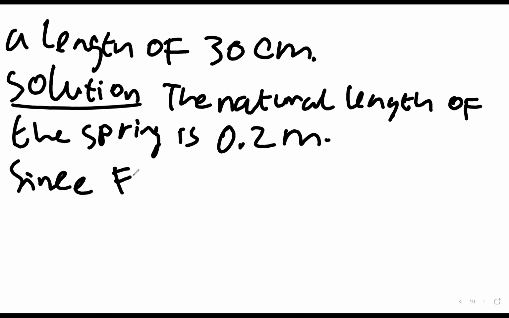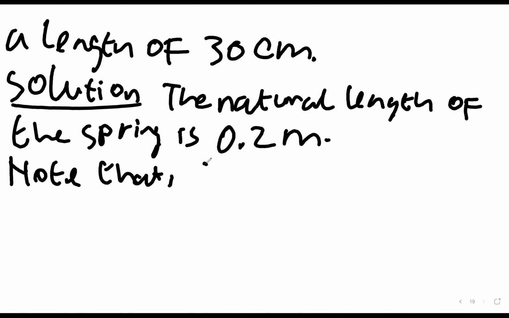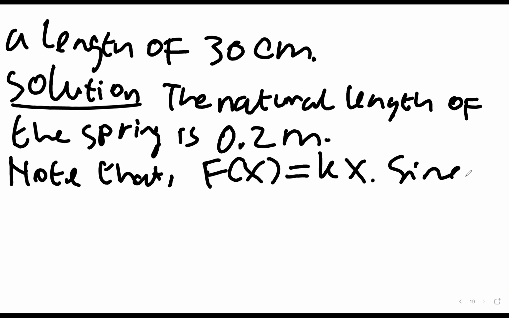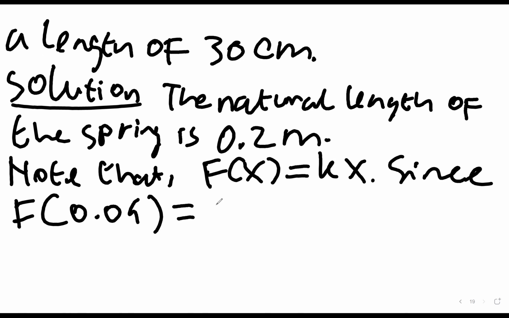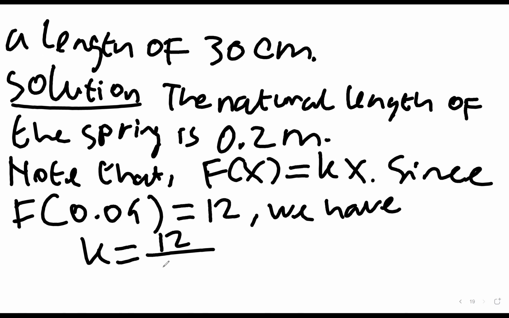So of course, first let us write the formula. F of x equals k of x. Then 4 centimeter is 0.04 meter. So if x equals 0.04, what is the force? 12, right? We have k equals 12 divided by 0.04.